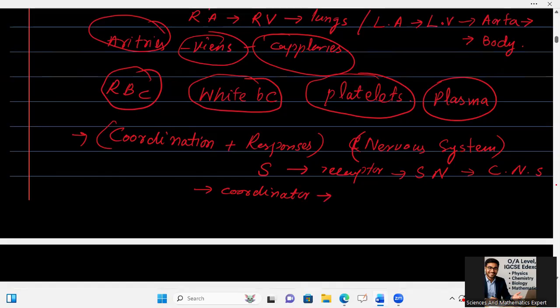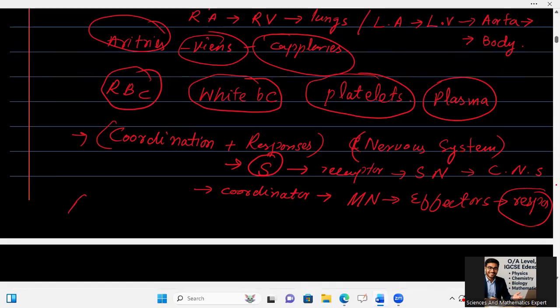After the coordinator, it goes to motor neurons, and at the end to effectors, and finally it shows the response. So starting from the stimulus and ending up with a response very fast in the form of electrical signals is named the nervous system.